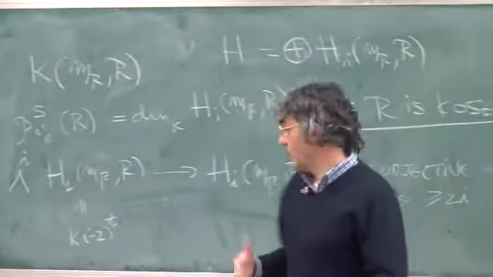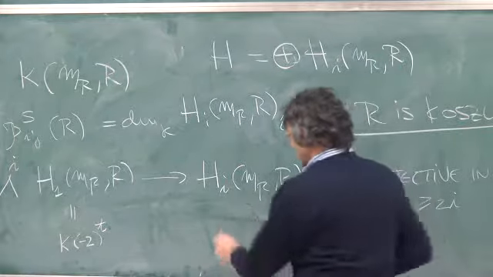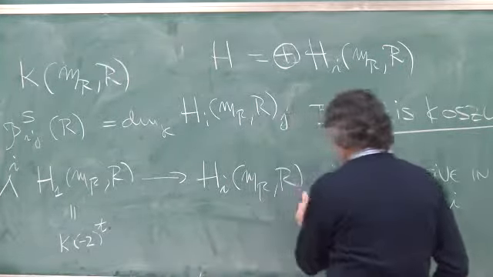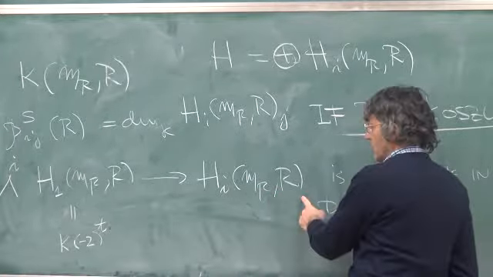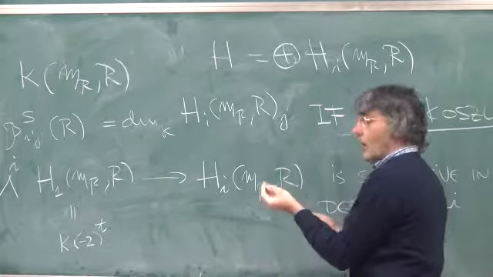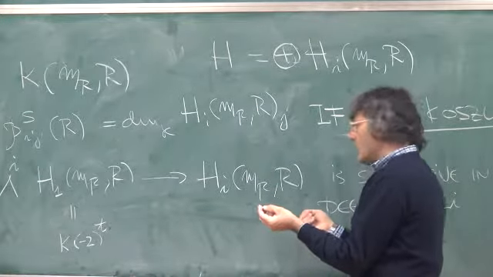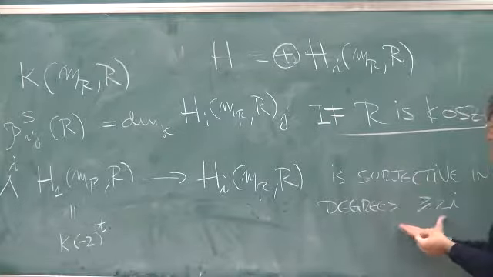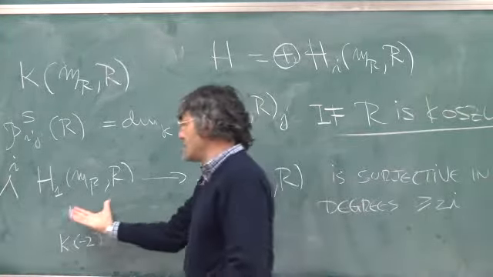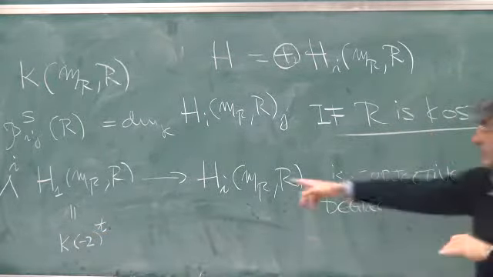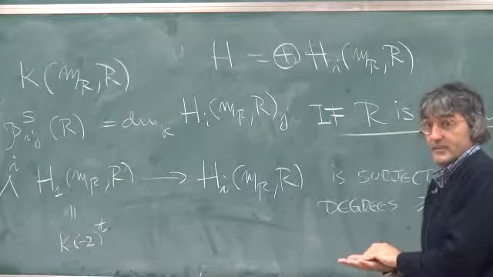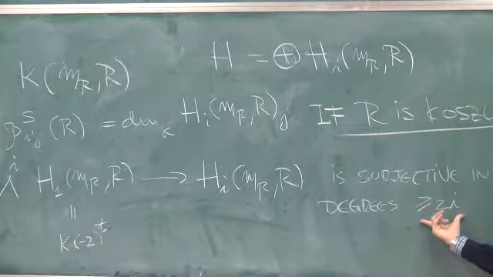Once again, this vector space in degree j gives us beta ij of R. So if j is larger than 2i, this is 0. I know that there is a surjective map from a vector space which lives only in degree 2i. If I pass that degree, there is nothing on the left-hand side, so there must be nothing also on the right-hand side, because the map is surjective above these degrees. This gives the first vanishing statement.